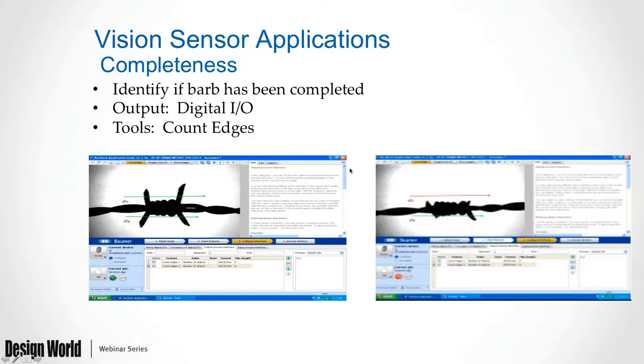Another example here, looking at completeness. So this is just an example. Completeness could be a variety of different applications, but just to share this one application. Maybe looking at a barb when we're manufacturing some barbed wire. We ideally want to have some points sticking out on that barb, and we want to see that they're there. So we can use a draw-line tool across this, and actually count edges.